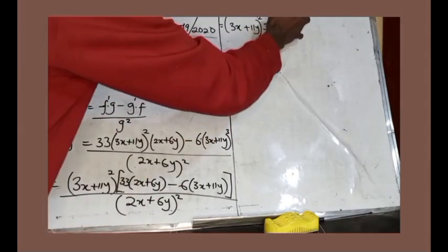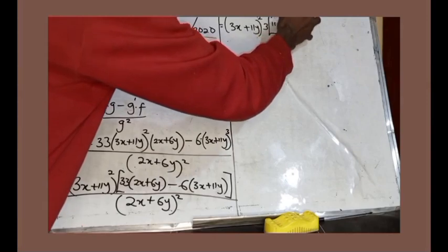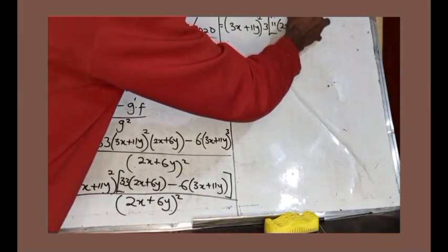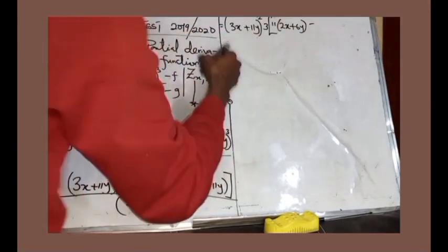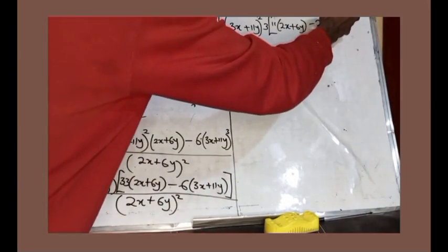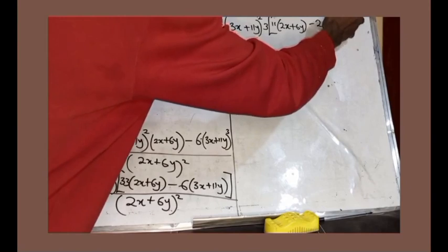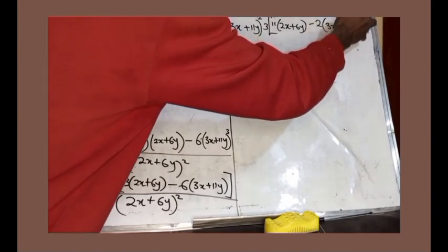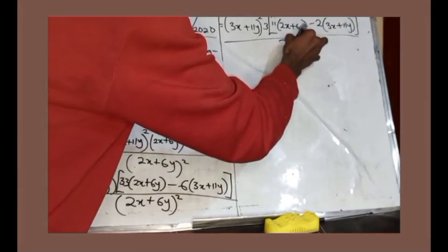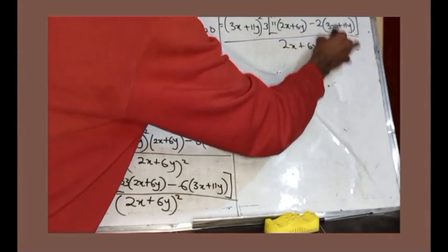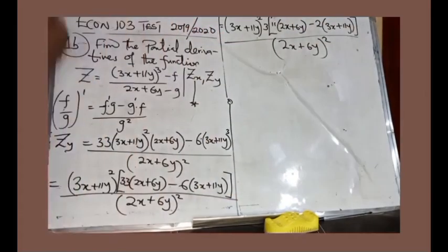The inner one is 11, open bracket 2x plus 6y, minus 2 open bracket 3x plus 11y, then all over my g square, which is 2x plus 6y all square.